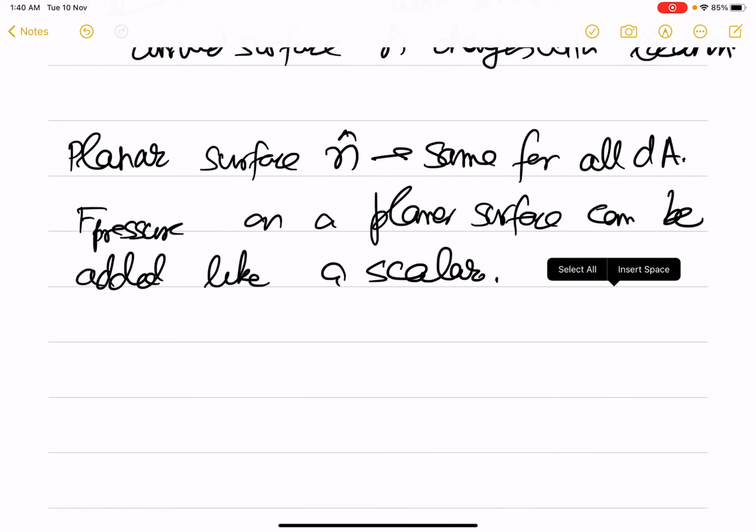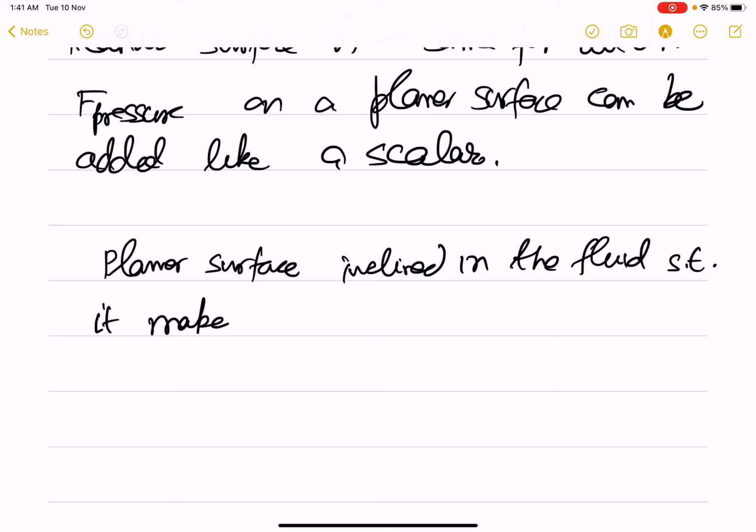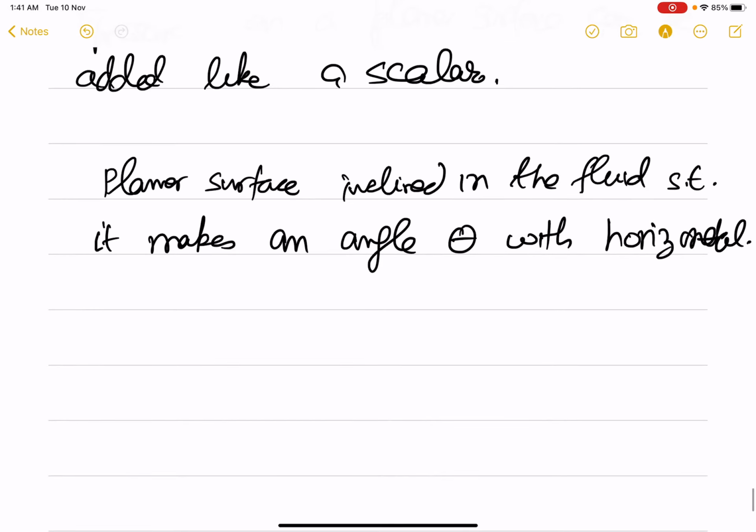So for example, let us look at a case of a planar surface which is inclined in the fluid such that it makes an angle theta with the horizontal.